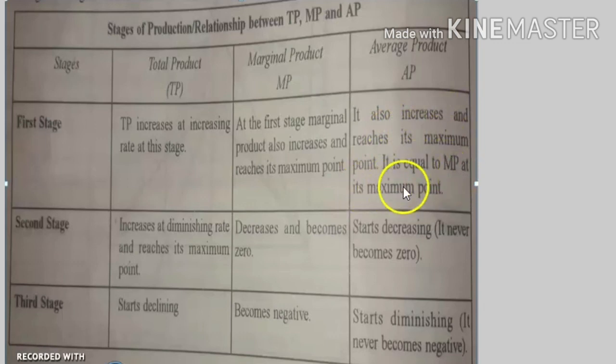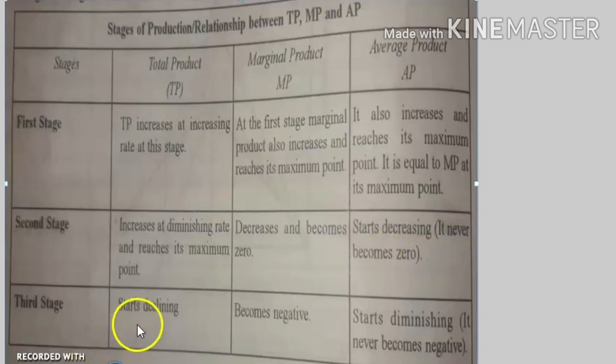In the second stage, TP increases at a diminishing rate and reaches its maximum point. MP decreases and becomes 0 in this stage. AP starts decreasing, but it never becomes 0.